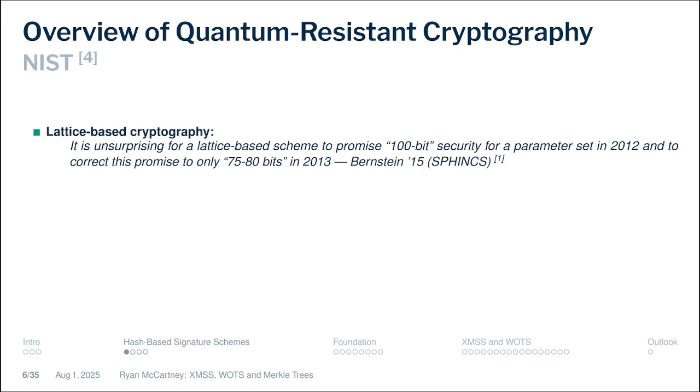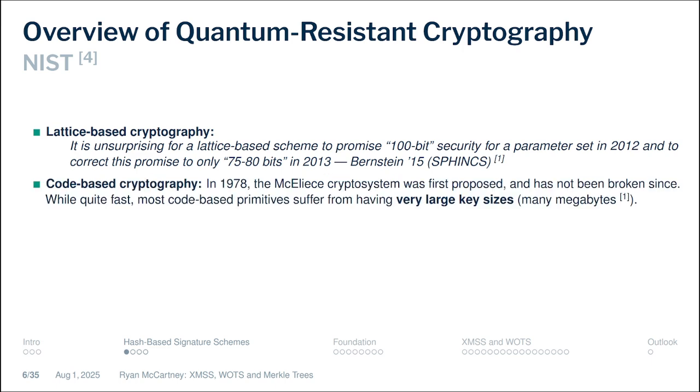But the interesting thing about lattice-based cryptography is that it's very hard to get a proof that actually holds up. If you have a proof of 100 bits of security, so you need an effort of 2 to the power of 100 to break the scheme, in 2012, just 1 year later, this dropped by about 20 or 25 bits. So you can't really be sure which security level you're actually getting.